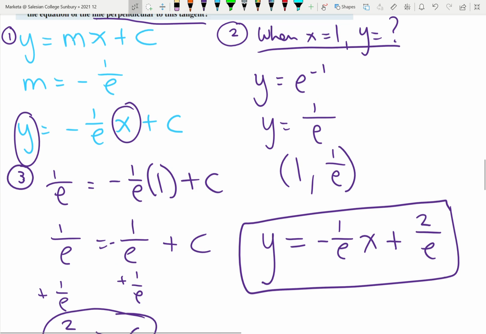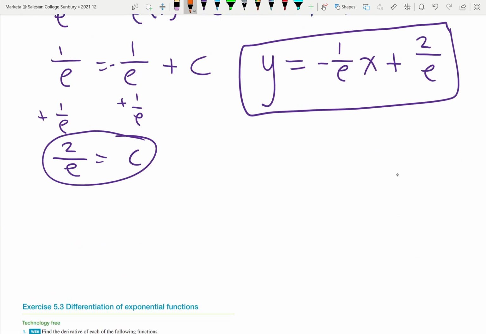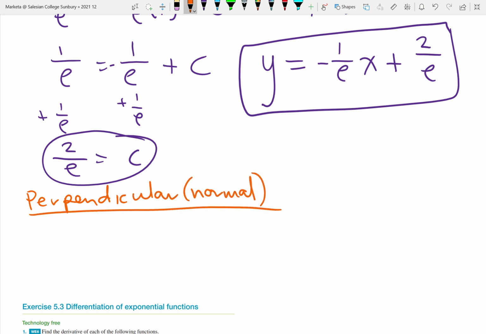So let's use that information. For the perpendicular, which we could call the normal, the equation is y equals mx plus c, and the gradient of the normal is going to be the opposite of the gradient we've got here.